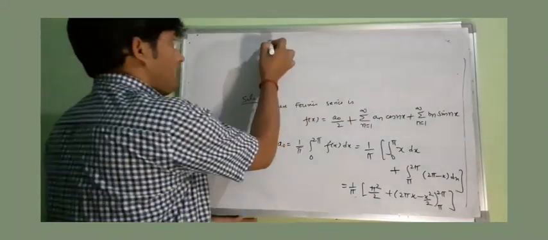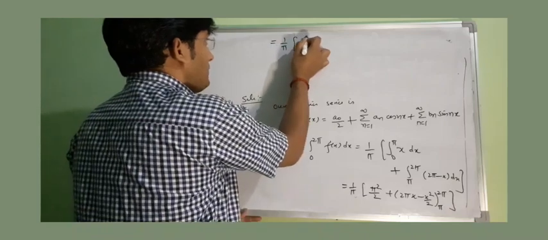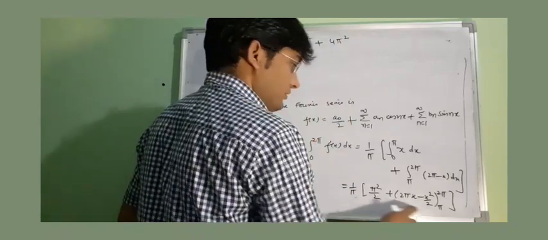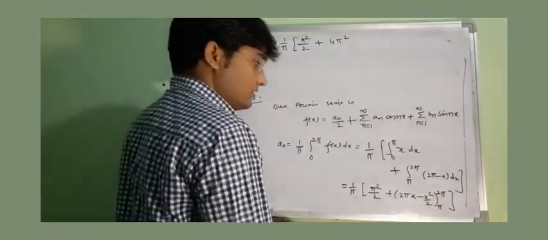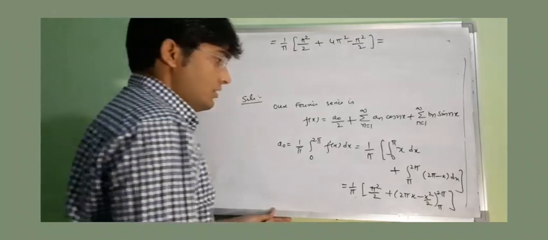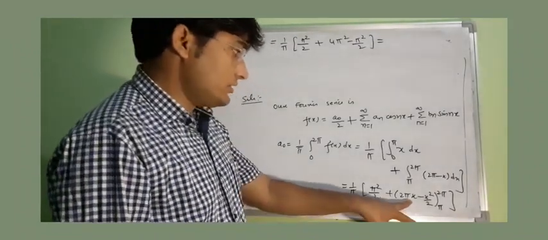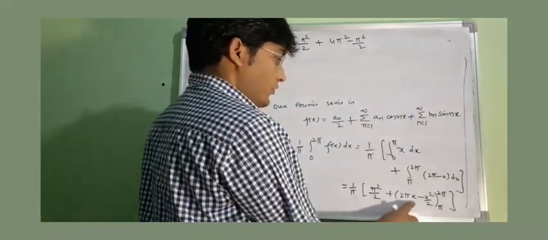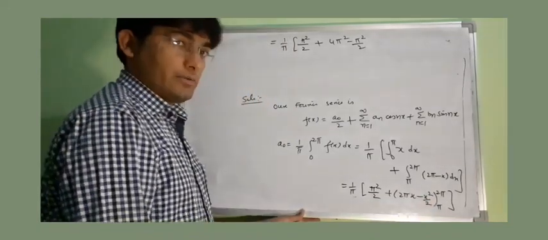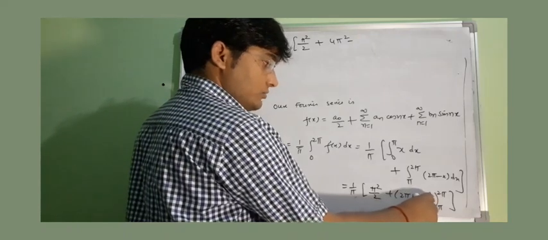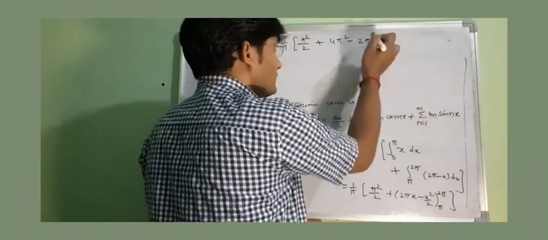So our a0 will be 1 by pi, pi square by 2, then for the upper limit 4 pi square minus (2 pi) whole square divided by 2, that means minus 4 pi square divided by 2, that is minus 2 pi square.